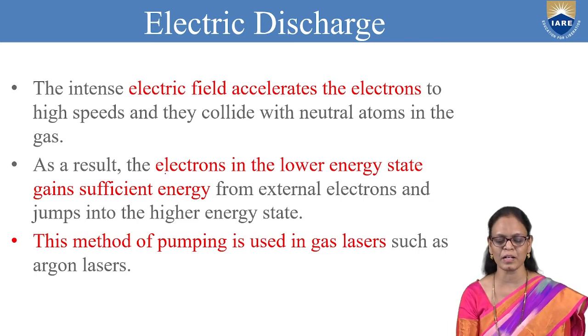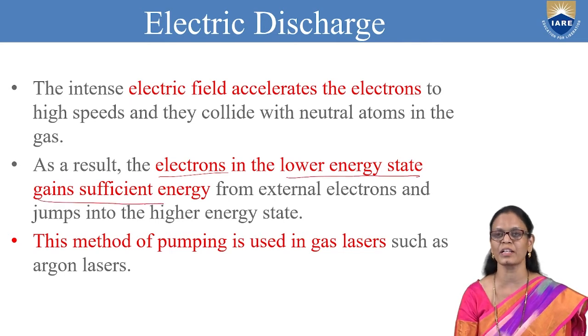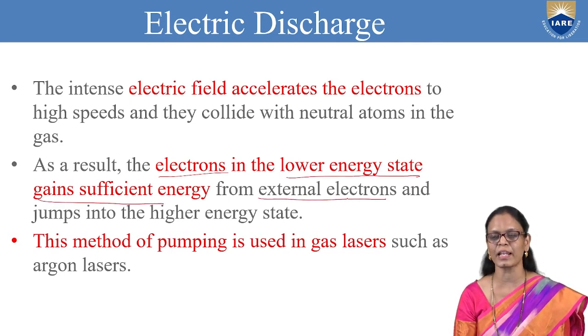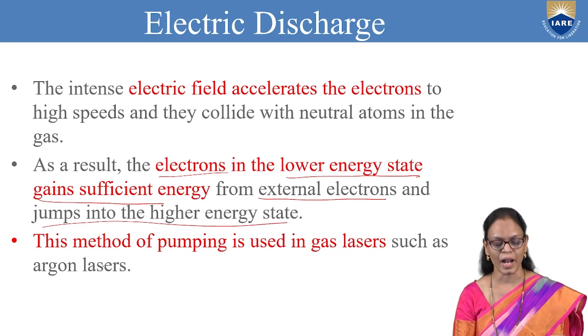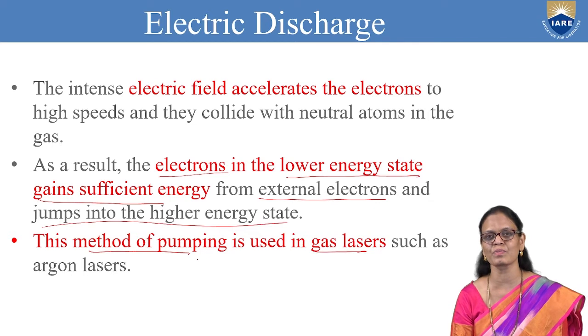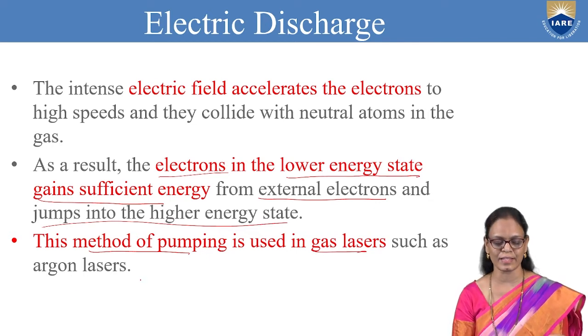The electrons in the lower energy state gain sufficient energy from the external electrons due to the electric discharge, and jump into the higher energy state. This method of pumping is used in gas lasers. Mostly we use this method in gas lasers such as argon lasers.